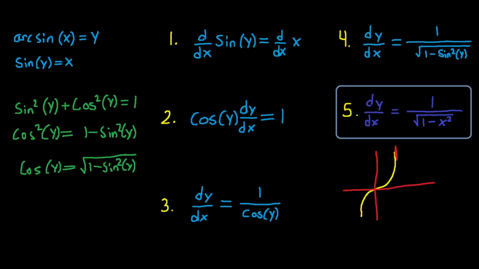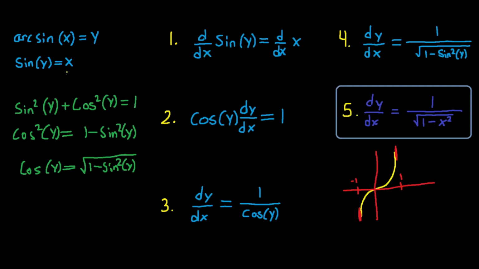As it approaches this point here, we have two vertical tangents, at -1 over here and 1 over here. You see that here because a vertical tangent is undefined. When we have the derivative of 1 over 0, we know there is a vertical tangent there. So that checks out.